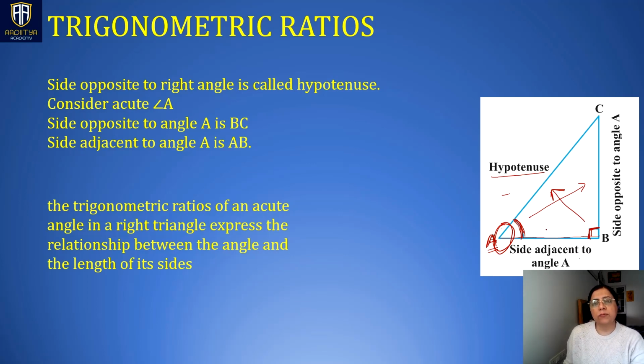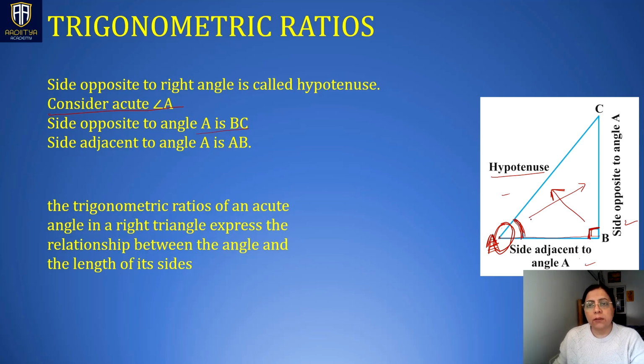So first of all, you have to define the angle for which you are going to take the ratios. According to that, these two things are decided, whether a side is adjacent to A or opposite to A, right? So you can see that the side opposite to the right angle is called the hypotenuse. Consider acute angle A. Now we are taking ratios of angle A. For A, the side opposite to A is BC.